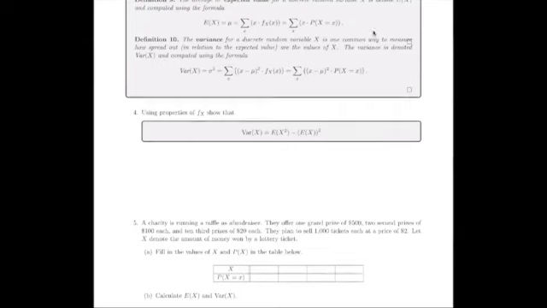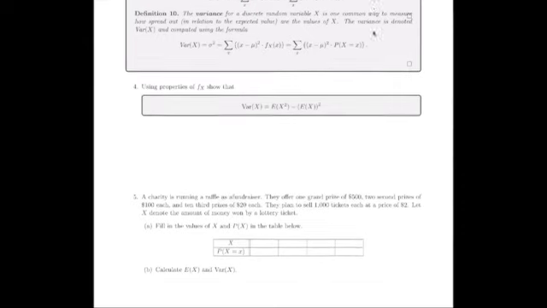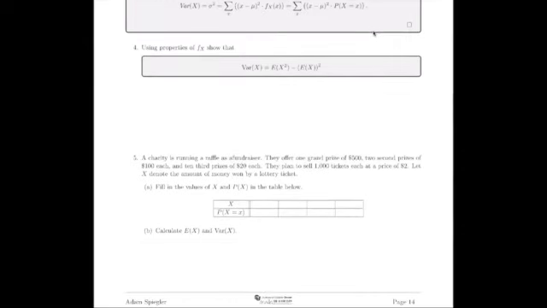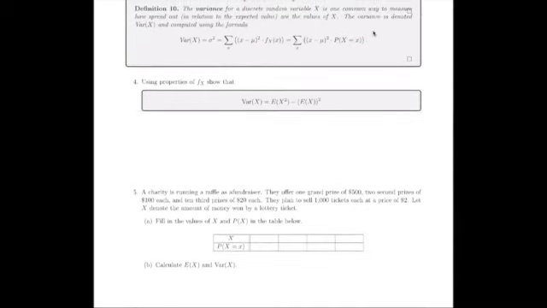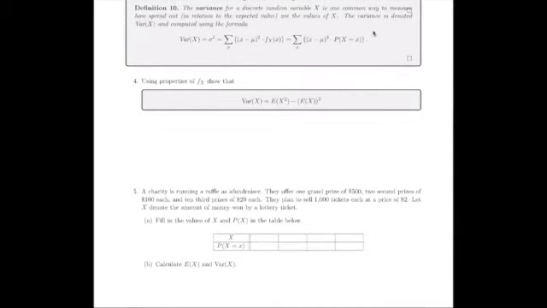So I'm gonna kind of come back to point 4 in a second. But let's say we're gonna think about question number 5. And so for this random variable, we're gonna calculate the expected value and the variance of this random variable. So the idea here is there's a charity, they're running a raffle as a fundraiser. And so there are certain prizes that you can get.